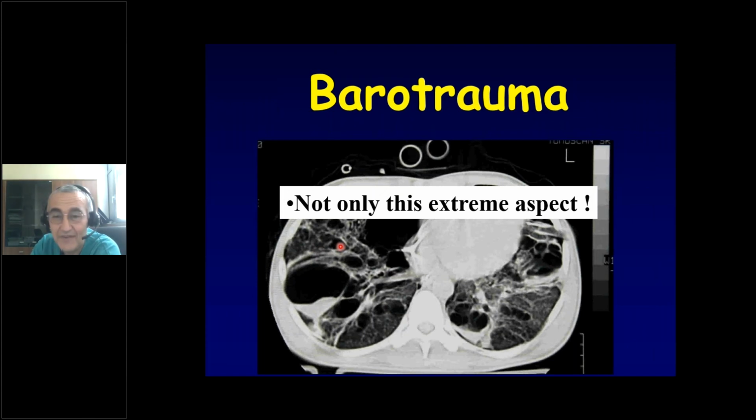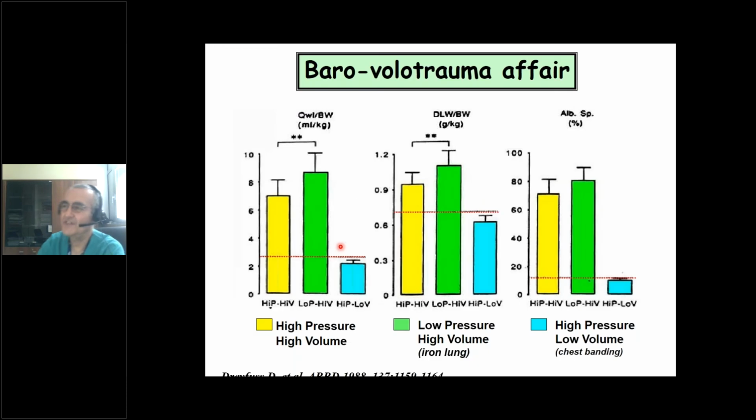But we don't have to think about barotrauma as only a problem so extreme. It's something that occurs also at the cellular level. This is a very, very important study from many years ago that clarified the vast majority of the problem related to the barovolotrauma affair.